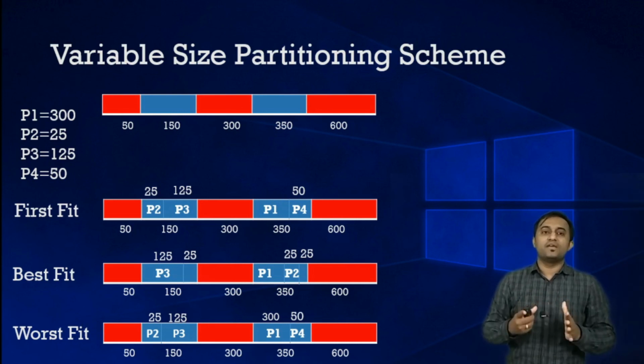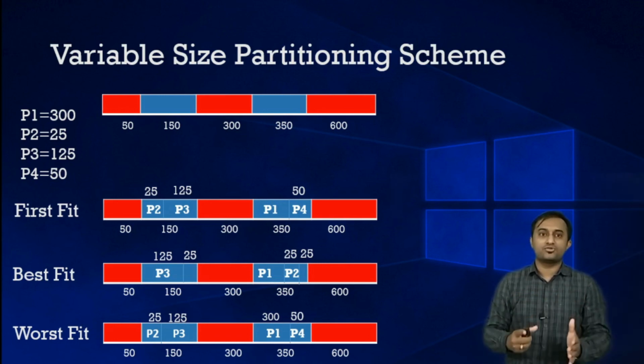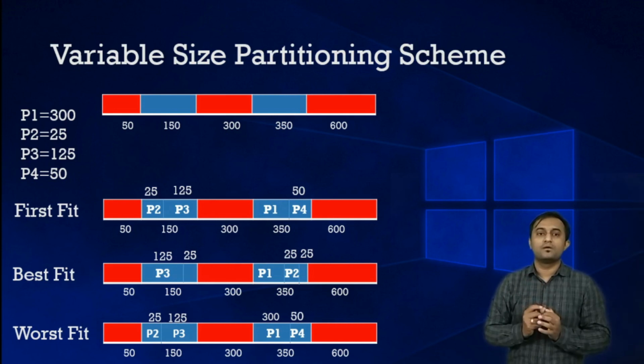So in this way, the first fit, best fit, and worst fit algorithms work in the case of variable size partitioning scheme. So the conclusion of the story is what? The best fit algorithm performs worst in the case of variable size partitioning scheme. Why? Because we are considering the smallest capable block to accommodate the request first.